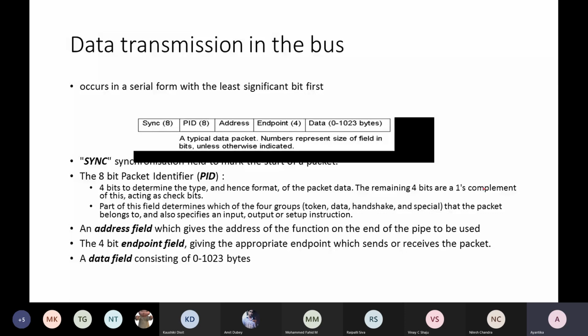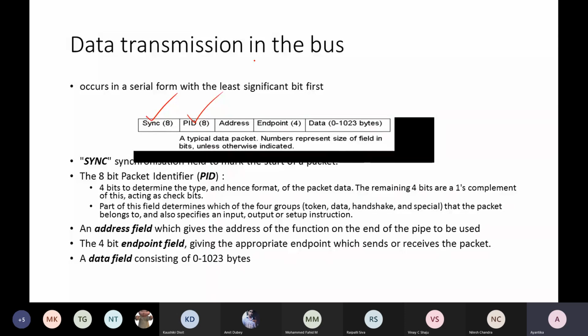The communication takes place in serial form, and this is the packet structure. What is inside the packet? This is again the 8 bits for synchronization. This is the PID, the packet identifier. Now this packet identifier is of 8 bits.